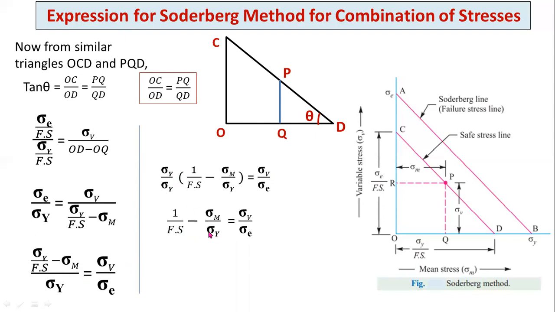Then the equation is 1 by Fs minus sigma M by sigma Y equals sigma V by sigma E. The final expression for Soderberg is 1 by Fs equals sigma M by sigma Y plus sigma V by sigma E. This is the Soderberg equation for combined steady and variable loads.